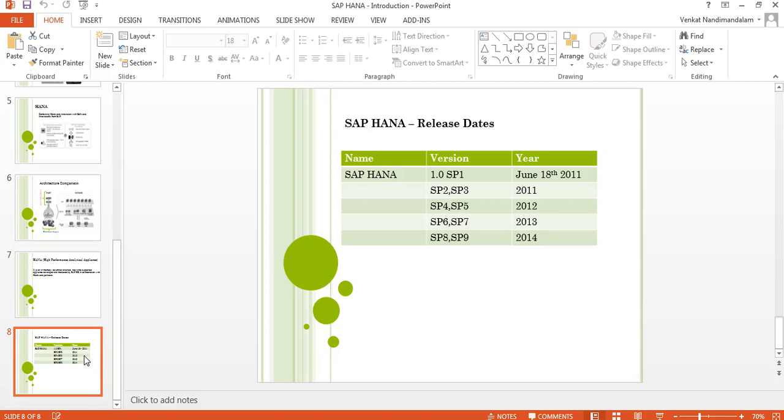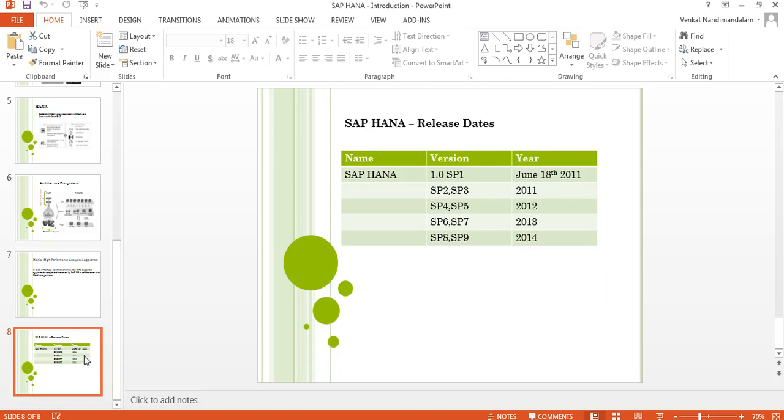We also saw the major difference between row storage structure and columnar storage structure, how HANA is different from traditional databases, and the evolution of HANA, like when it was released and what the current version is.